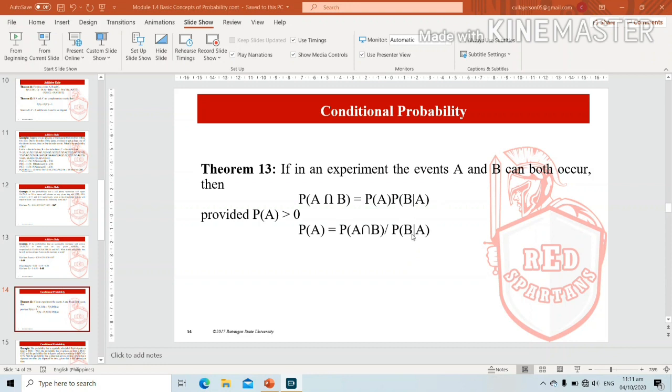So, B given A, and pwede naman na A given B. Depende sa ating problem or sa theorem.